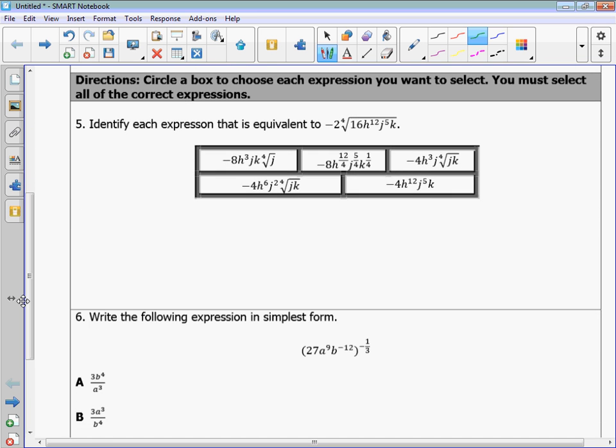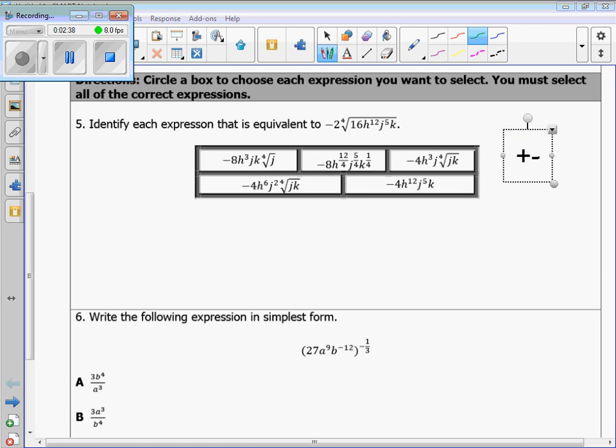Number 5, identify each expression as equivalent to -2 times the 4th root of 16h to the 12th times j to the 5th times k. First we have 2.